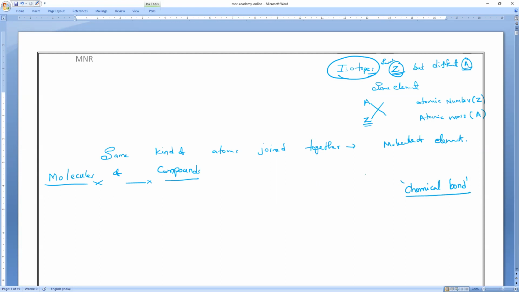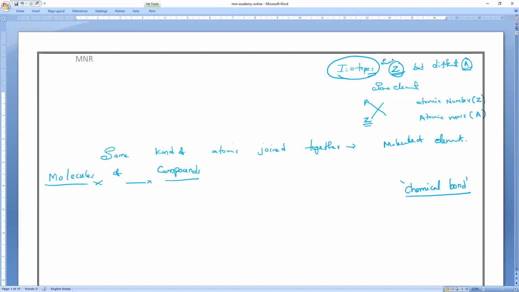So molecules of compounds means the compounds are made up of two or more different elements combined together, chemically bonded. That is what we call molecules of compounds.